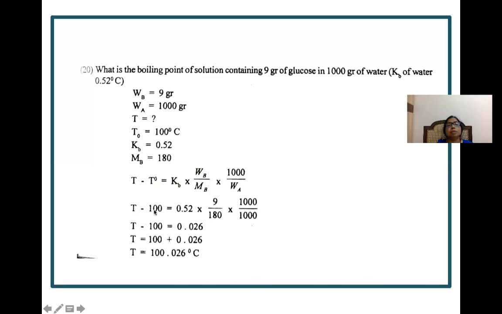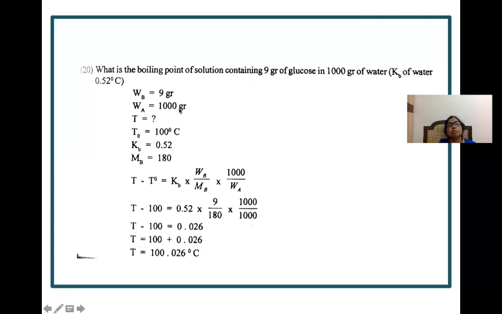So T minus 100, since T naught is 100, is equal to Kb, 0.52, into Wb, which is 9, divided by Mb, which is 180, into 1000 by Wa.